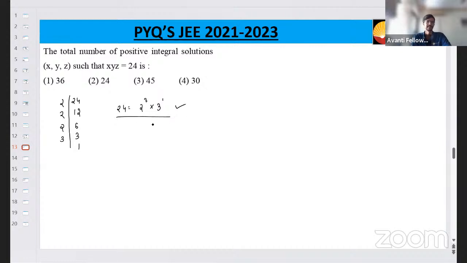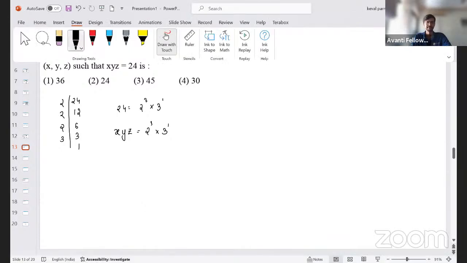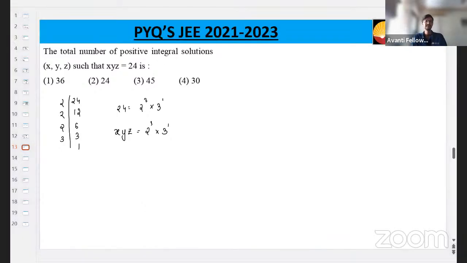Correct? After this, we have to find integral solutions of x, y, z. So this is nothing but x into y into z is equal to 2 raised to 3 into 3 raised to 1. Correct?